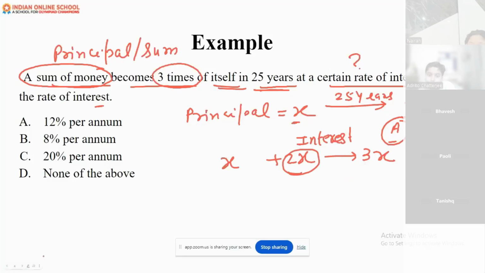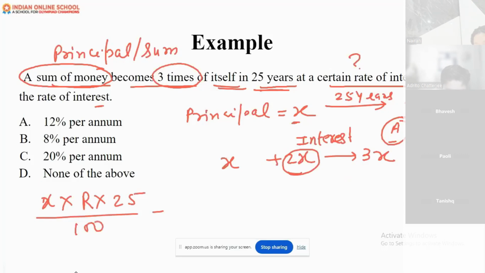So now we have all the things, and we have the formula as well. Our formula is PRT upon 100. P is x, R we need to find, T is 25, upon 100, and the interest here is 2x.